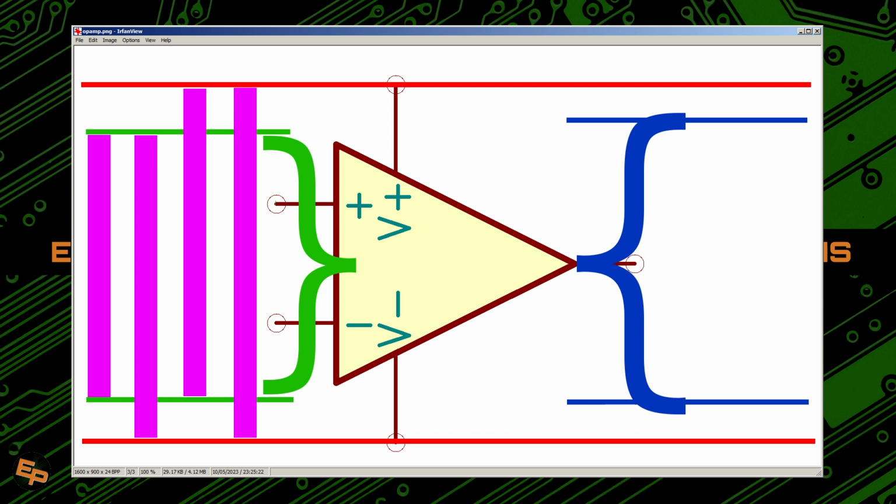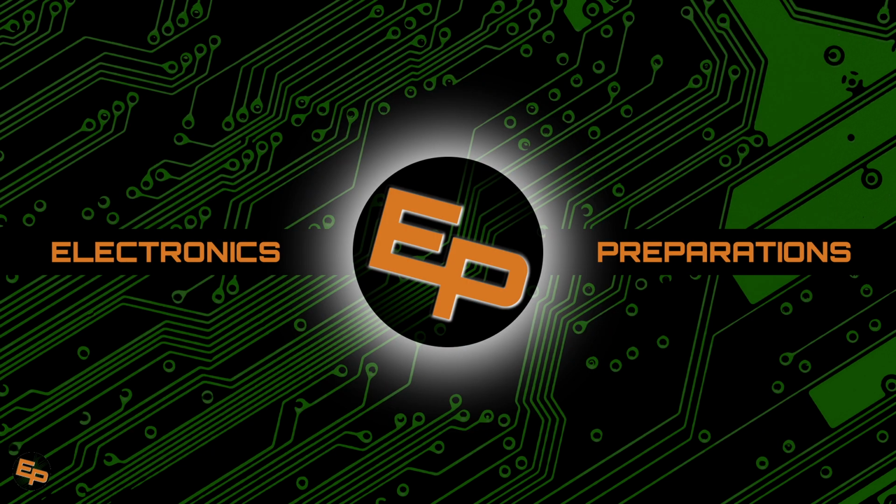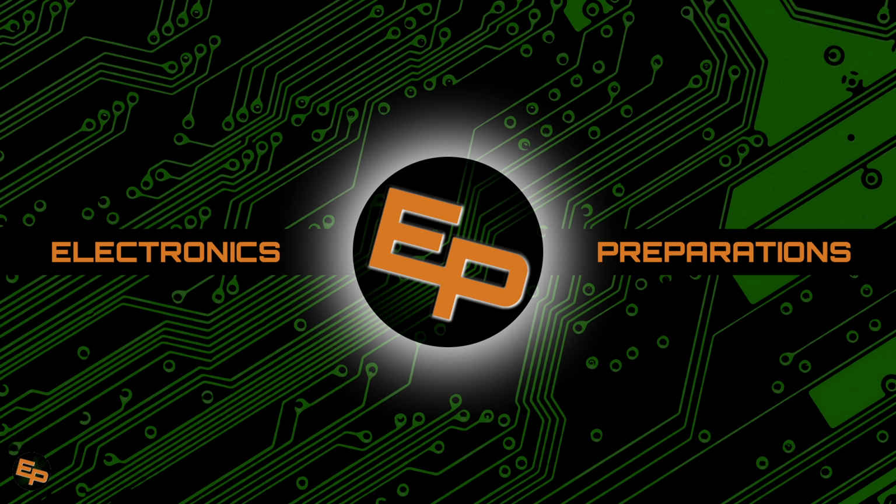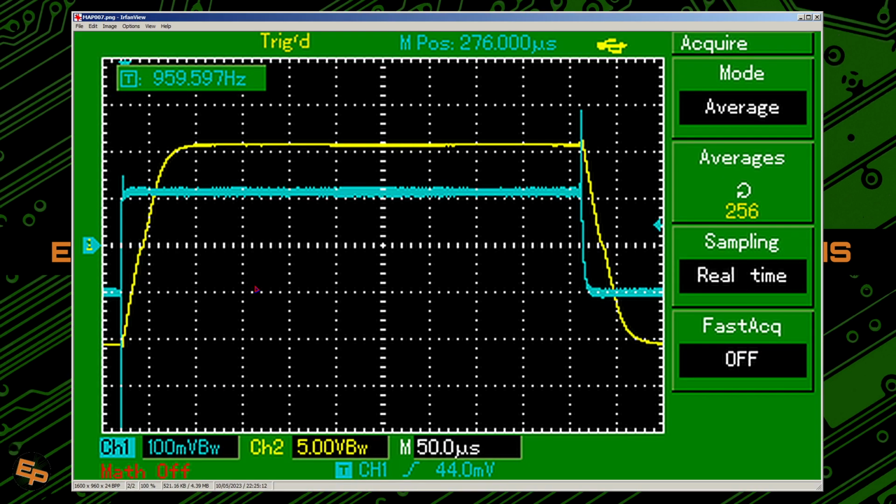Okay, and like I said, this is the circuit. I've used LM324 because this is what I had at hand. And these are the two experiments. So in the first case, I've put a plus minus 100 millivolt signal on the input.